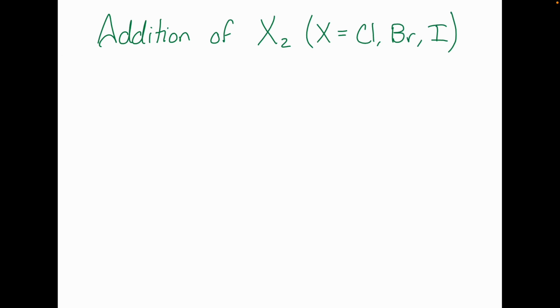All right, so now we're going to take a look at the mechanism for this reaction here. Actually, if we just take a second and draw our products for this reaction.